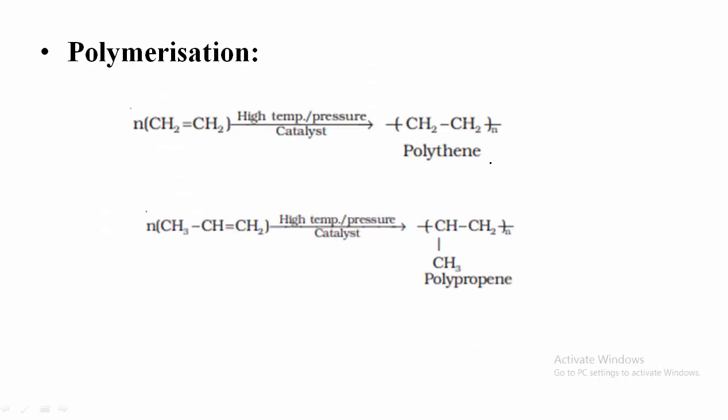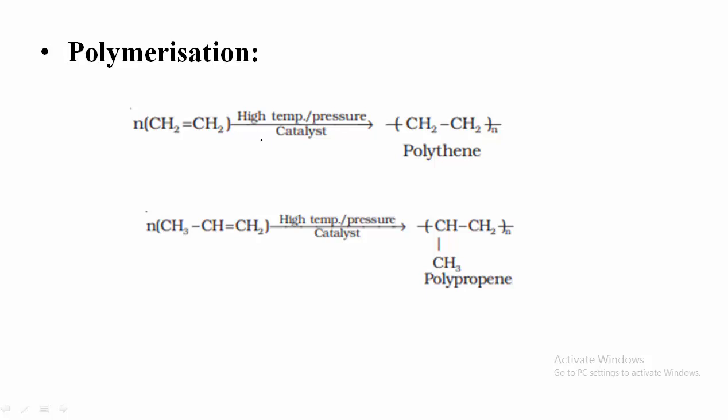Next one is polymerization. Polymerization means smaller units or smaller molecules are joined to form a linear long chain having high molecular weight, and that process is said to be polymerization, and the product formed will be known as polymers.